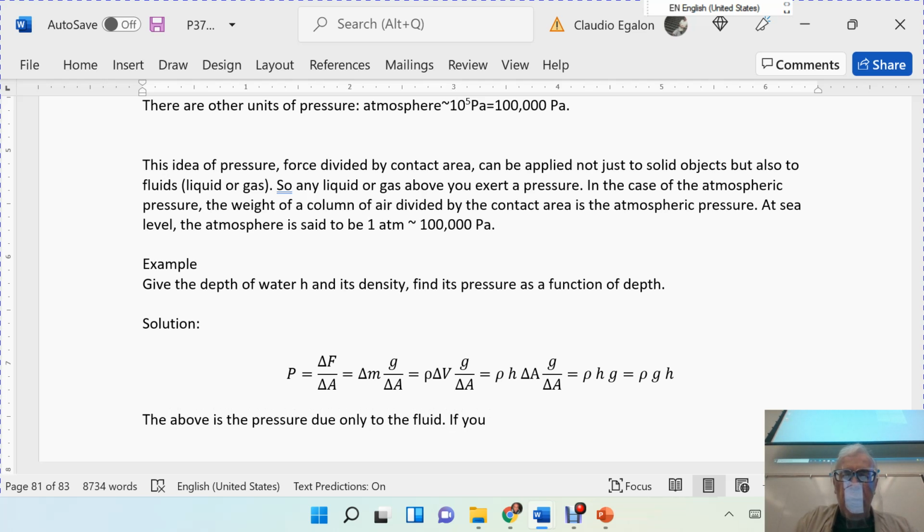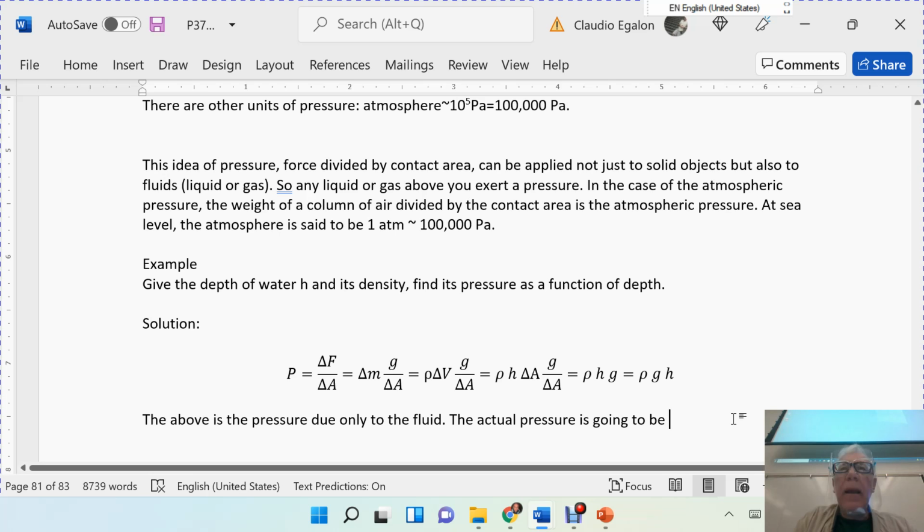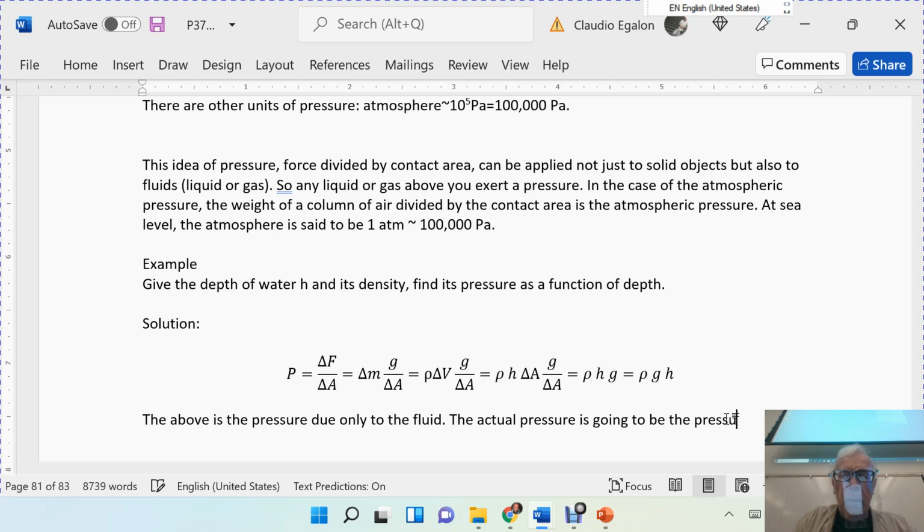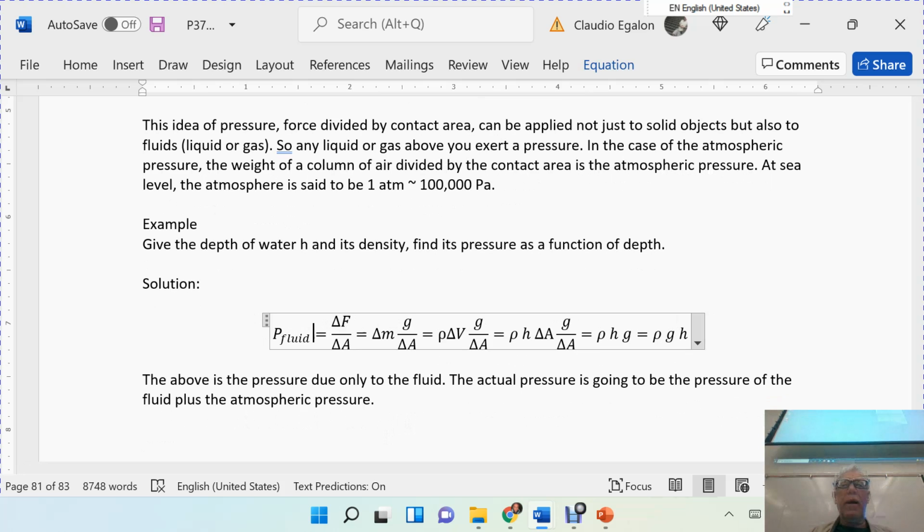The actual pressure is going to be the pressure of the fluid plus the atmospheric pressure. Here I'm going to put that.